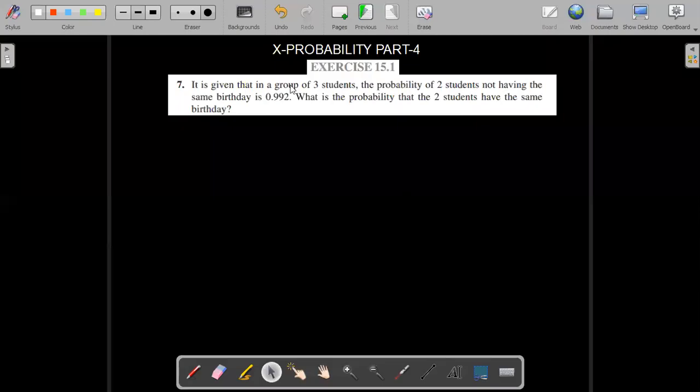It is given that in a group of 3 students, the probability of 2 students not having the same birthday.